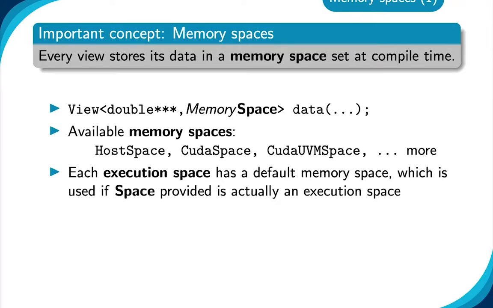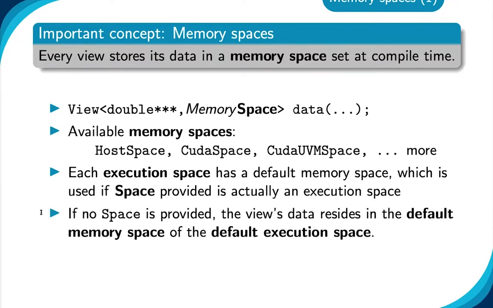If you click one further, if you do not provide a space, then we use the default memory space of the default execution space, so that if you allocate a view without specifying a memory space, and you execute without specifying an execution space, that actually works, right?